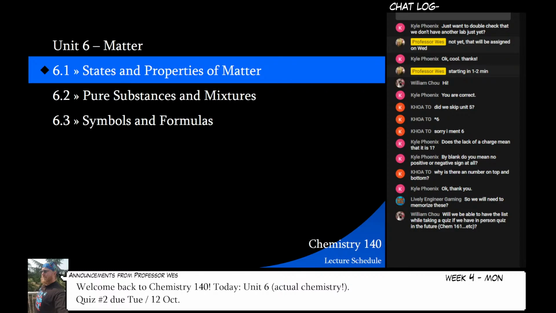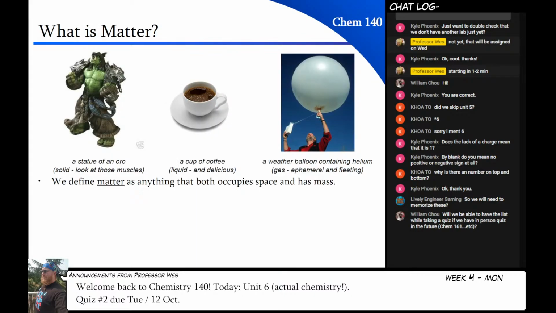Oh, excuse me. All right, so let's get started here. We're going to define matter as anything that meets these 2 criteria. Anything that occupies space and has mass.